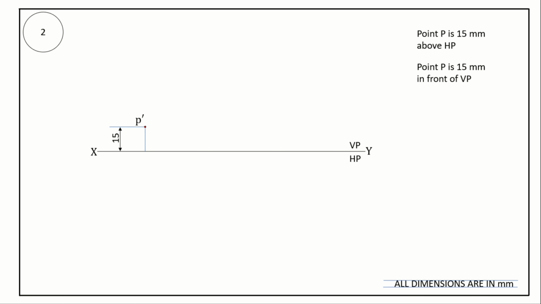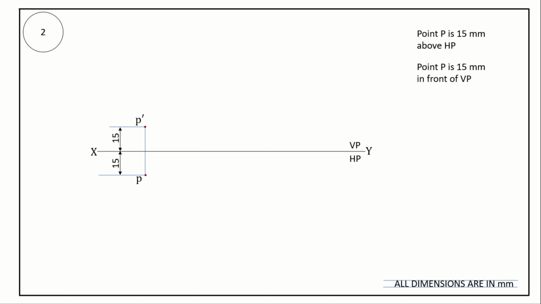Therefore, the top view of the point P is 15 mm below XY. Again from the reference line, measure 15 mm and mark the point P. Here, we have drawn the top view and front view of the point P. That is, P dash is 15 mm above XY, P is 15 mm below XY.